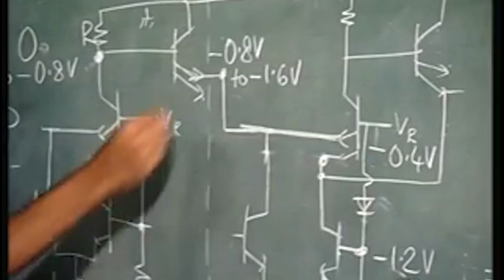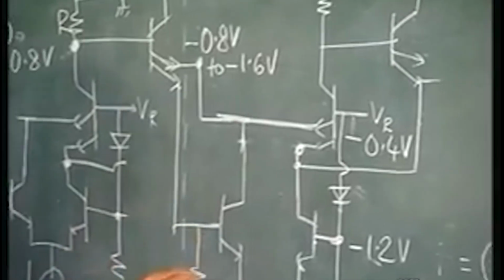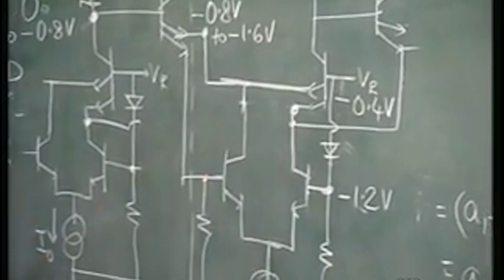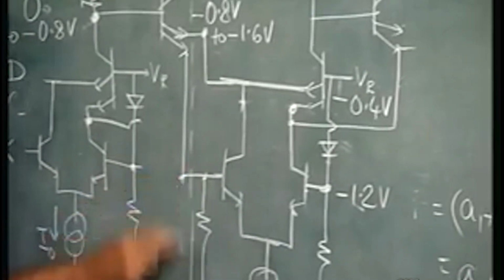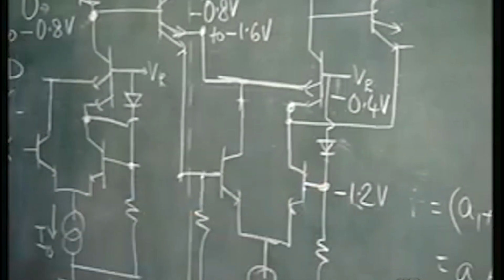Suppose you have another input and you feed it directly here. Actually, you must have a resistance connected here at the base, sorry I did not write it. Now suppose you feed it here directly at the base. What happens? You see this voltage here is minus 1.2 volts.